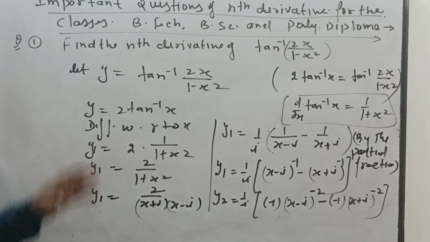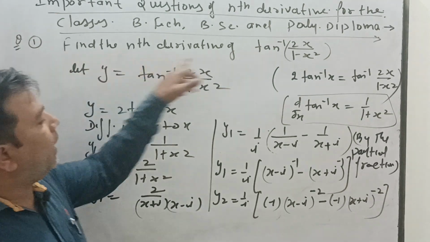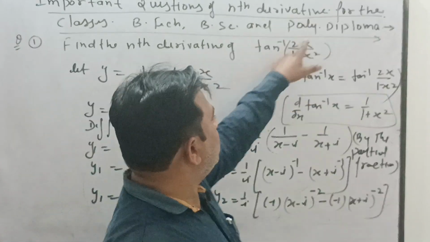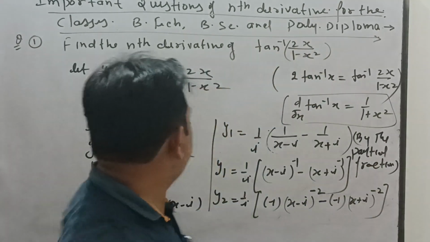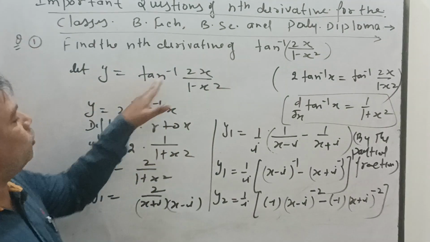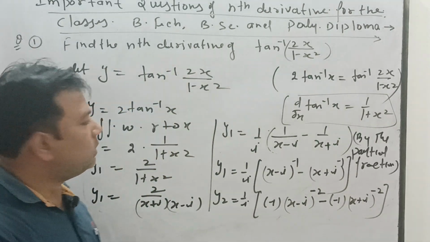Now again, let us repeat this question: find the nth derivative of tan inverse of 2x upon 1 minus x square. Let y equal to tan inverse of 2x upon 1 minus x square.